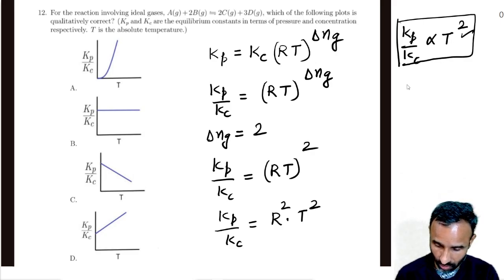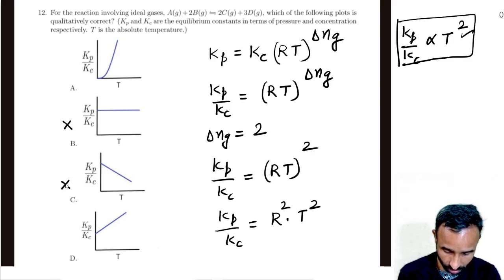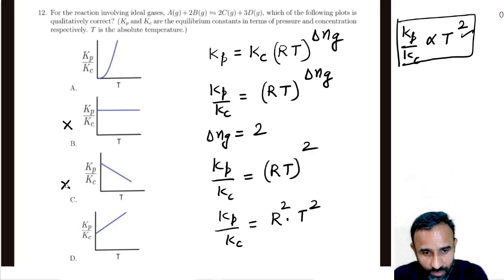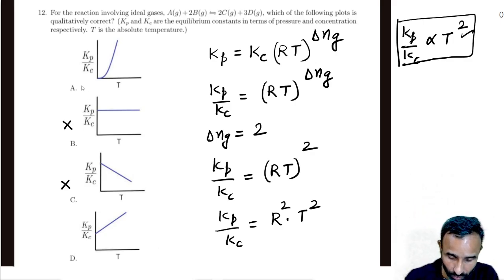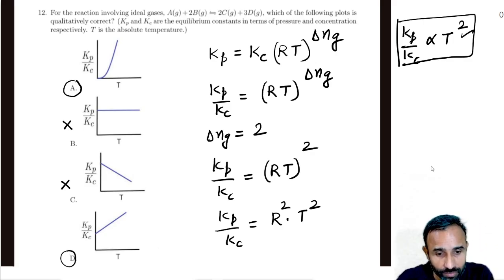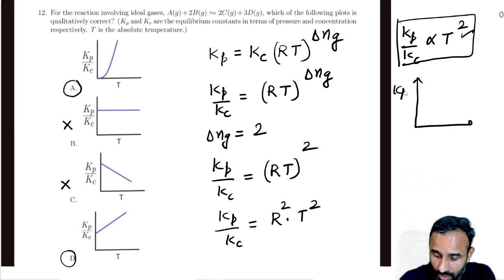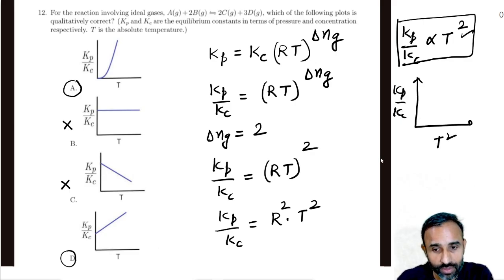If delta Ng comes out to be 1, then it would be linear. So B and C are straightforward, we can reject them, but we are left with A and D. If the relation is Kp by Kc versus T square, then the graph will be like this, right?